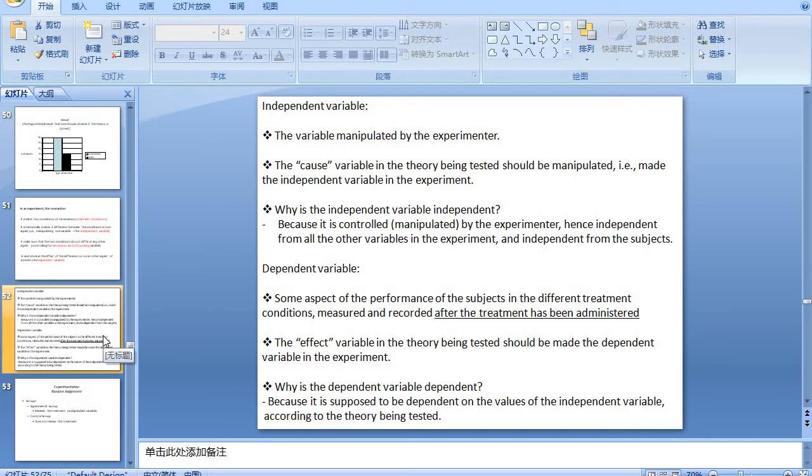The independent variable is a difference you create between the different treatment conditions. It is manipulated by the researcher, and it is a causal variable in your theory.